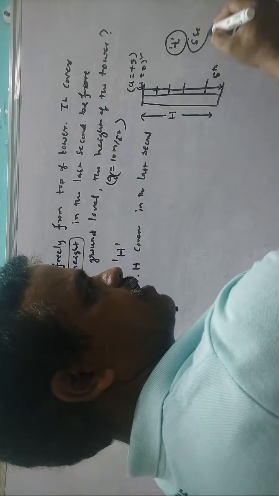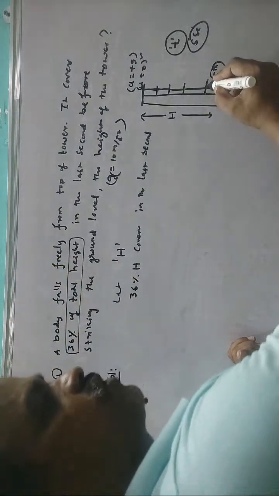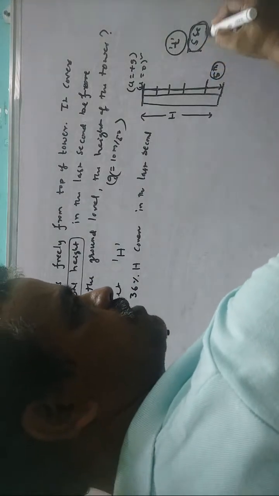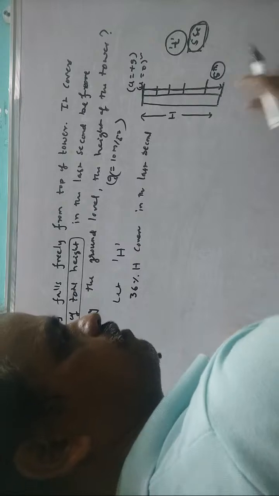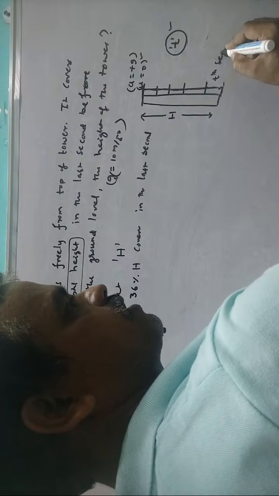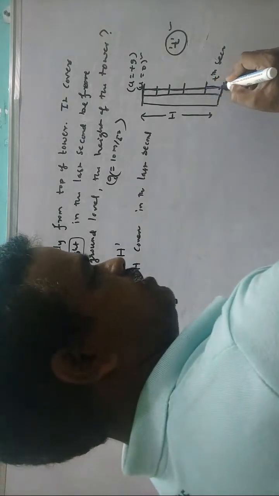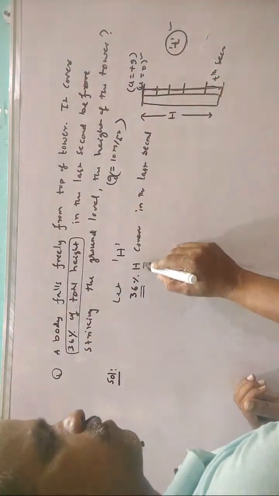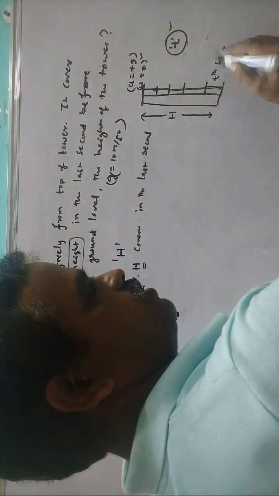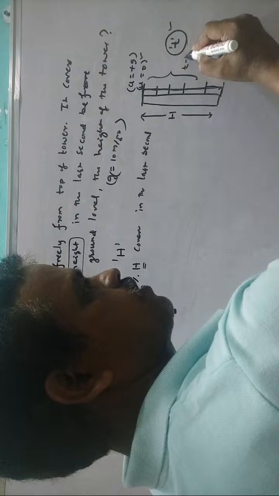So the body takes 5 seconds. The last second means the 5th second, and we ask how much displacement is covered by that body in the 5th second. If it takes only t seconds, the last second is the tth second. So for the tth second, 36% of total height is covered. Total time is t, here only 1 second is taken, the remaining will be t minus 1 seconds.